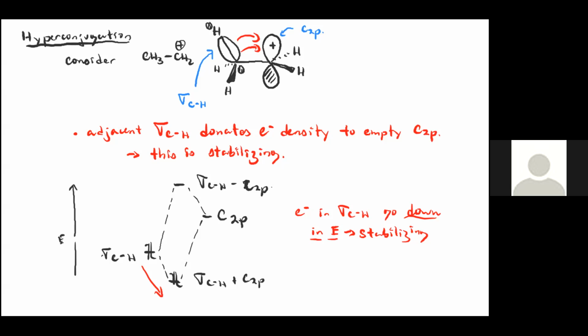And so the important point is that protonation, the first step in the addition, always occurs to generate the more stable carbocation.